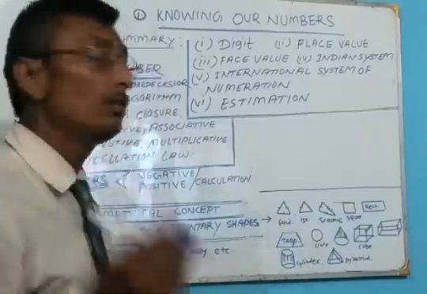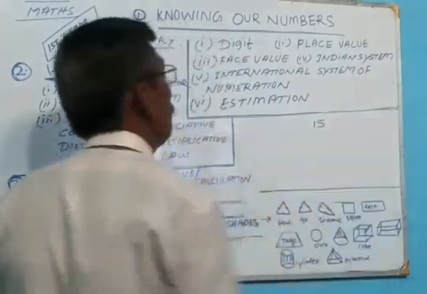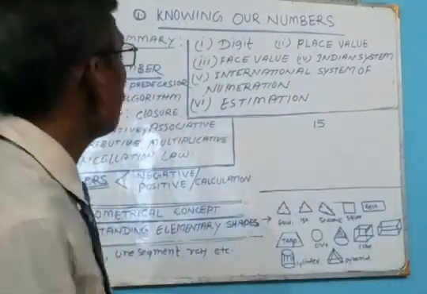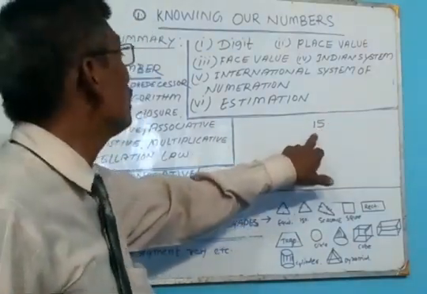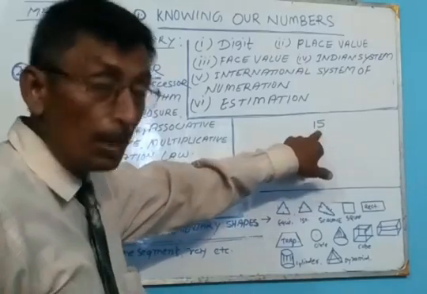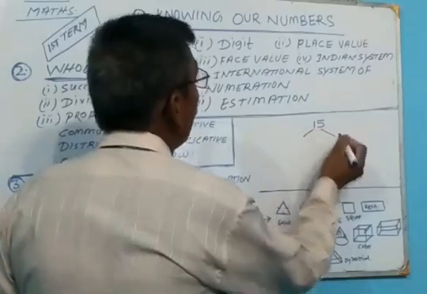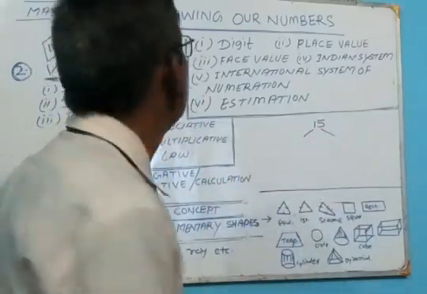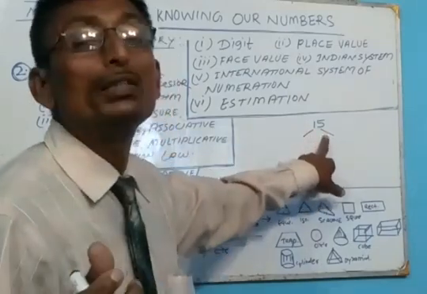Suppose that we have the number 15. It is the number, but this number is made by two separate digits, 1 and 5. So 1 is a digit and 5 is also a digit.